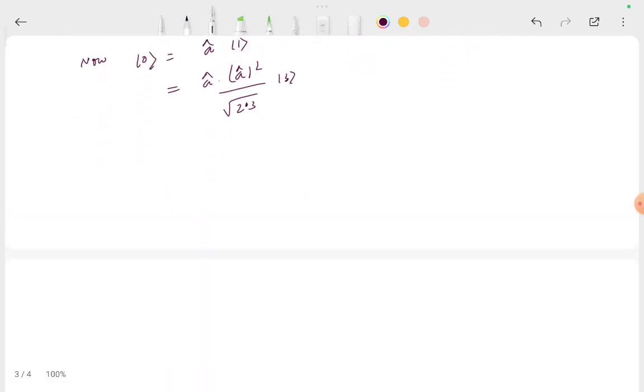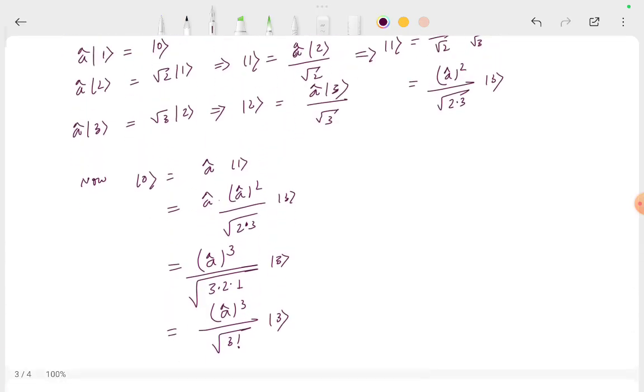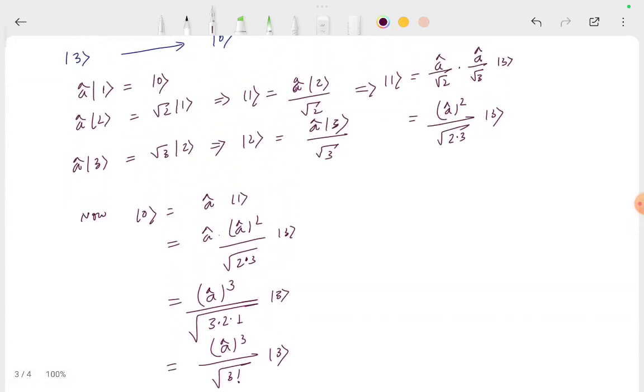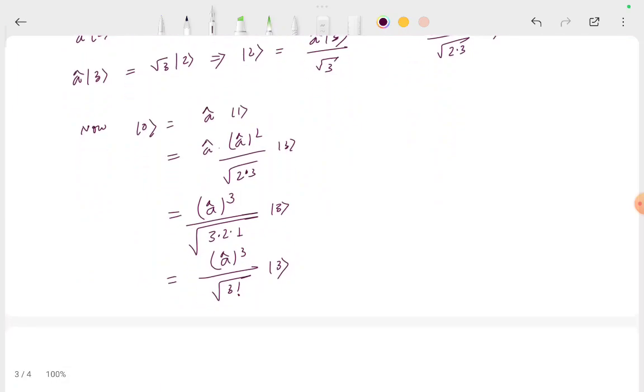Okay, so finally we get a cap root 3 upon 3 into 2 into 1 to get 3. So finally we get a cap whole cube upon root over 3 factorial 3 cap, right? So this is the approach from root 3 ket to 0 ket.